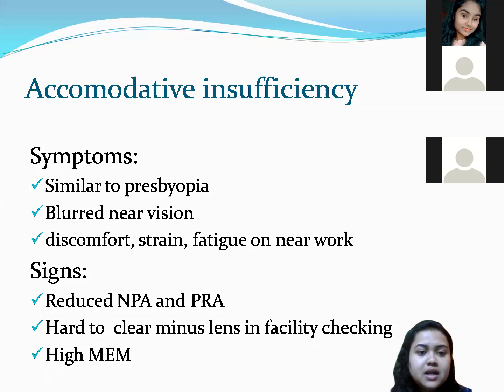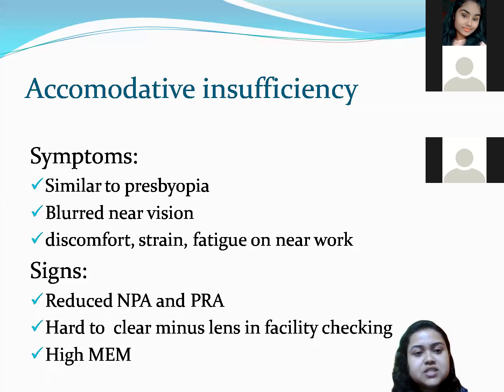Now let me tell you, if the patient is having any kind of accommodative insufficiency, what will be the patient's problem? The main problem is the patient cannot stimulate accommodation to a normal level, right? So in a PRA value that should be around minus 2.5 diopter, you will get a lesser amount of PRA value when you are doing the PRA test.